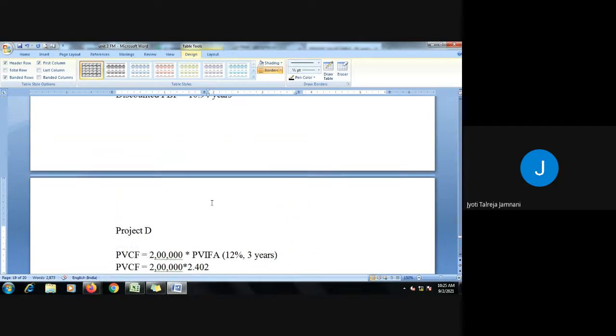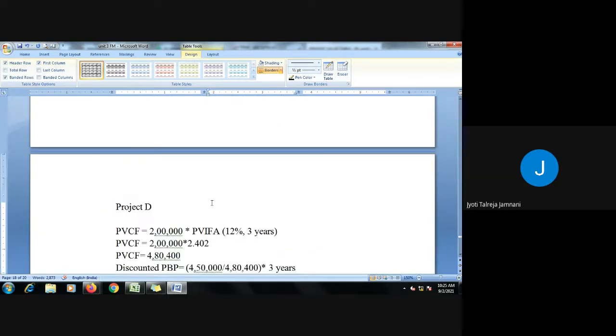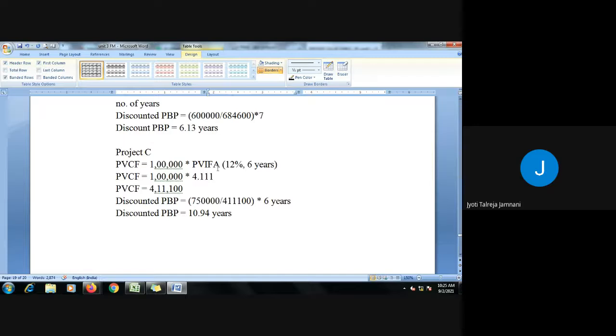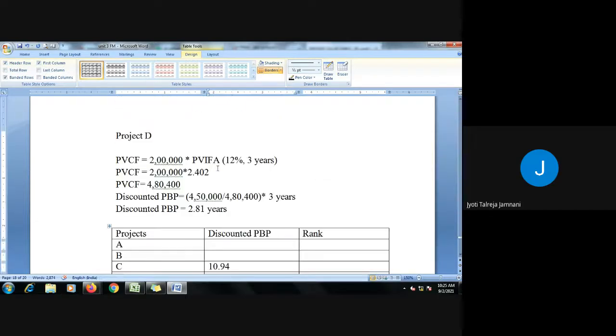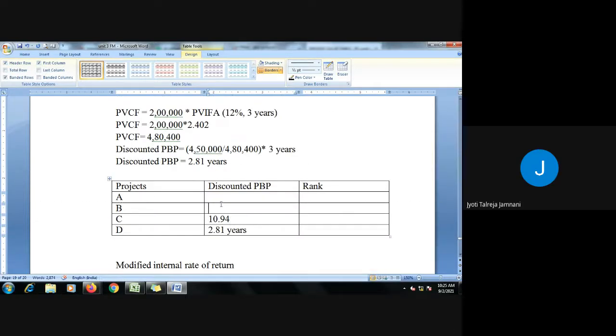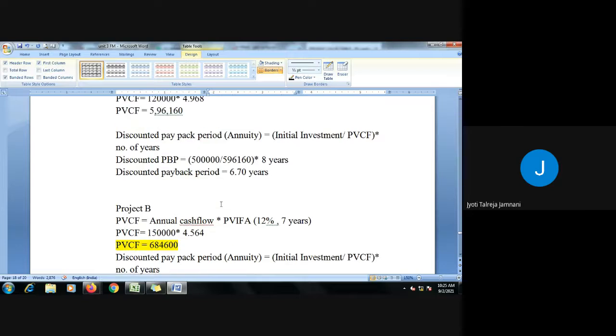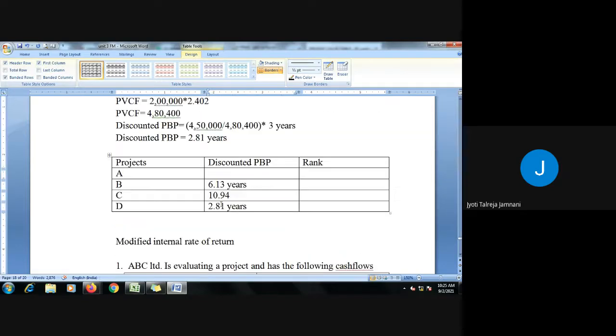Project C, 10.94 years. 6.13 years for project B. And project A is 6.70 years.